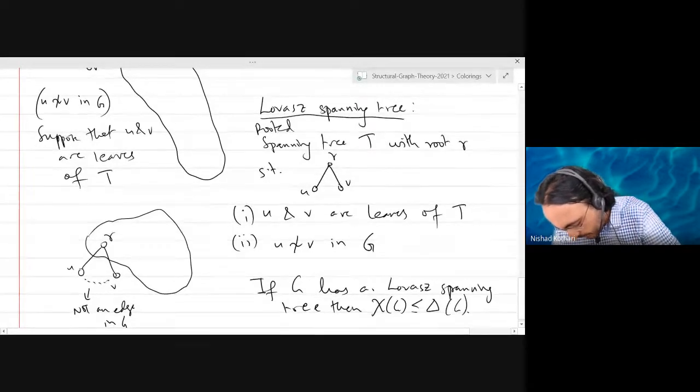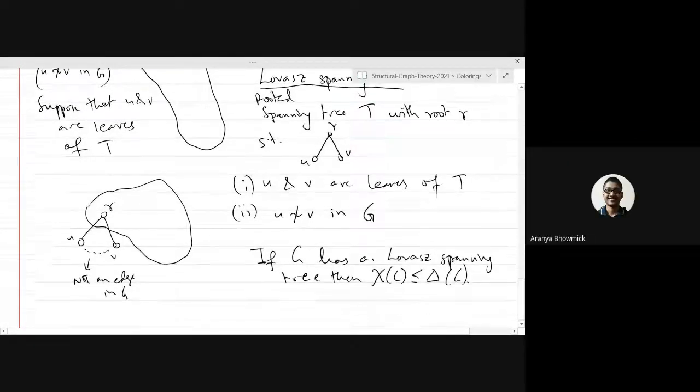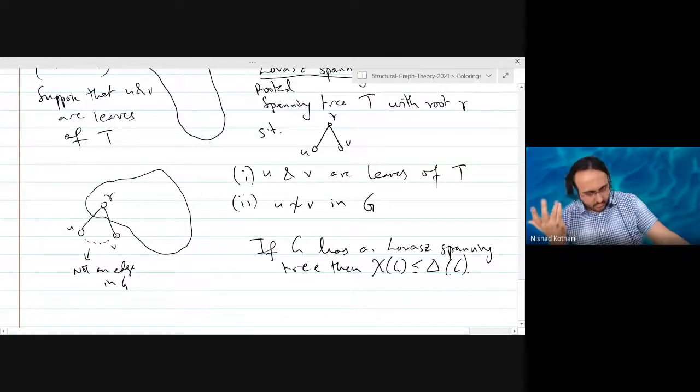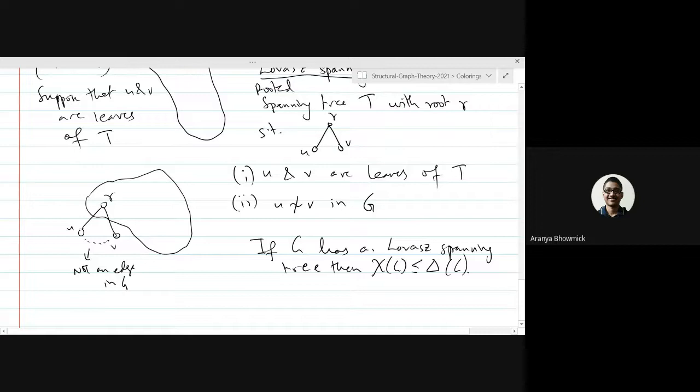Is that part clear? Yes, because if G has a Loa spanning tree, then if I consider the root of the tree, it has two leaves, U and V, which are not adjacent in G also. So basically, I can get a proper coloring where U and V will get the same color.